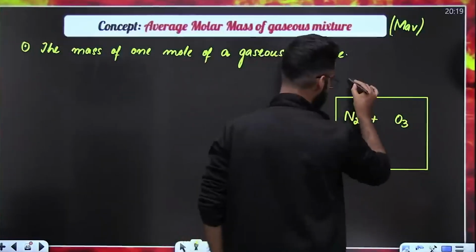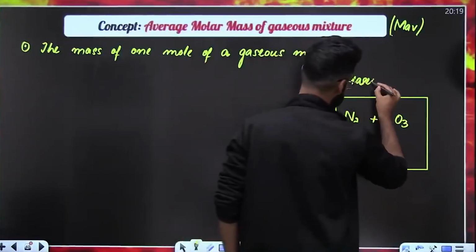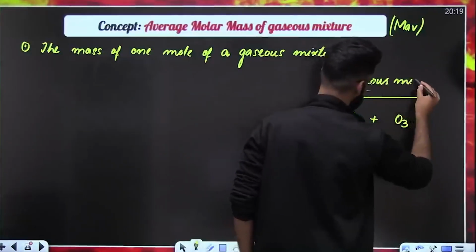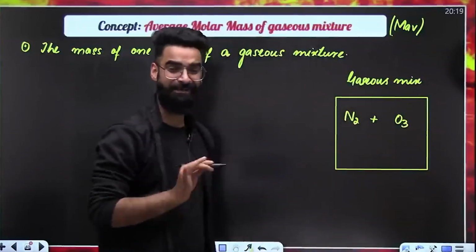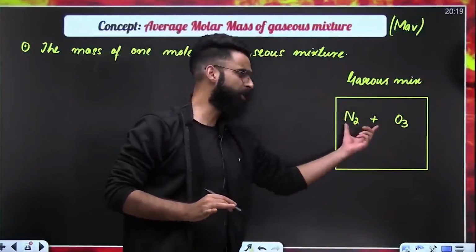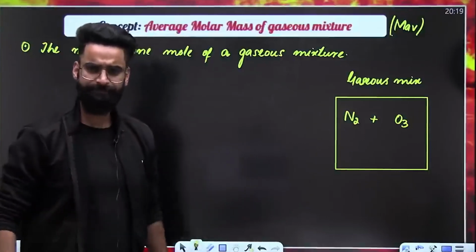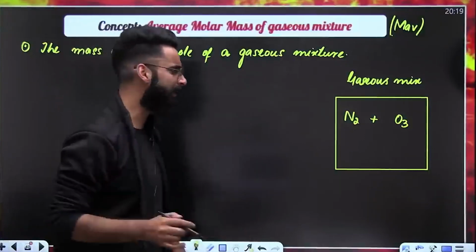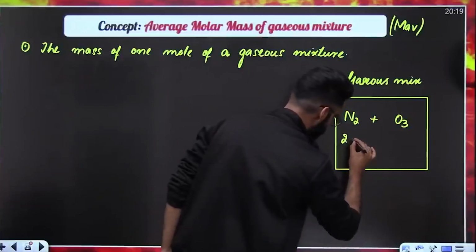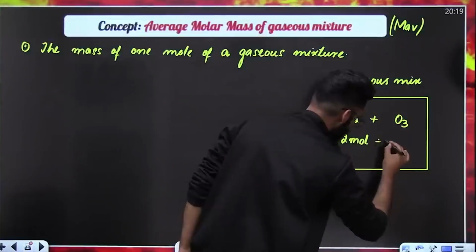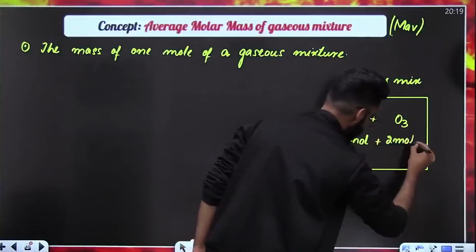Can I say, first of all, in the container we have got a gaseous mixture? Yes, there is a gaseous mixture present in the container which contains 2 chemically non-reacting gases. My dear students, let's assume that in the container there are 2 moles of N2 and 2 moles of O3 as well.